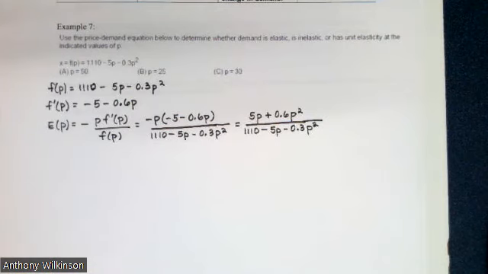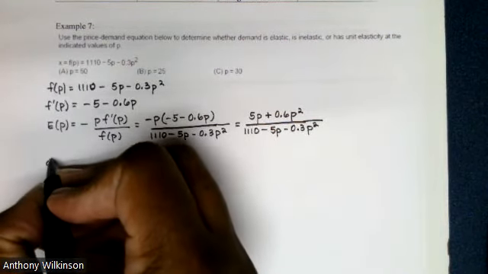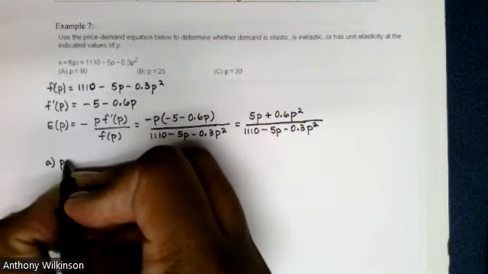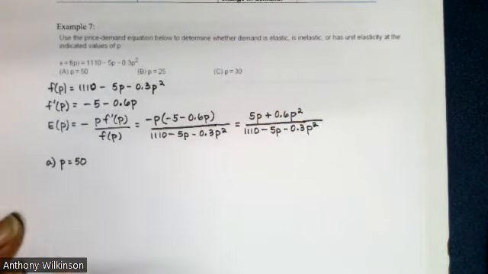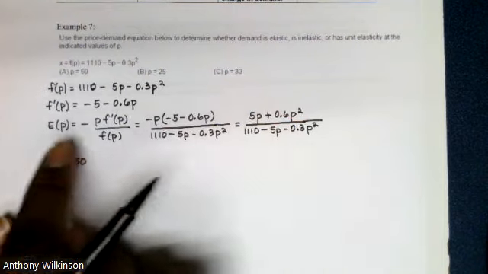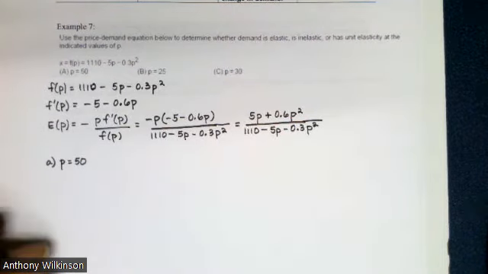Now we're going to use that to answer parts A, B, and C. So here we want to determine whether demand is elastic, is inelastic, or has unit elasticity at the indicated values of P. So in part A, you're going to have P is equal to 50. So that means in this elasticity function, we're going to substitute each P with 50.